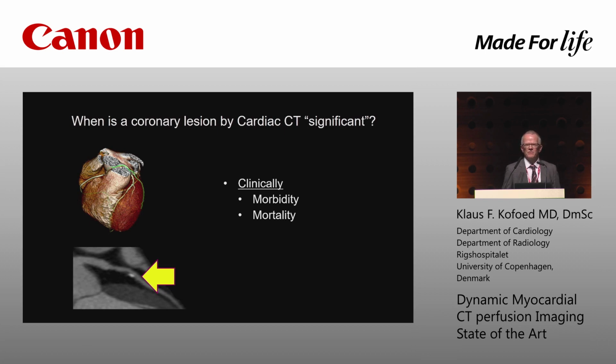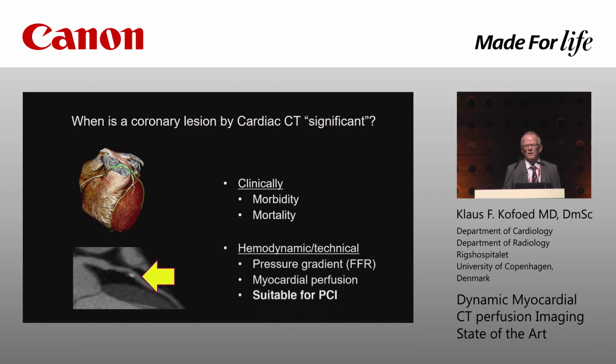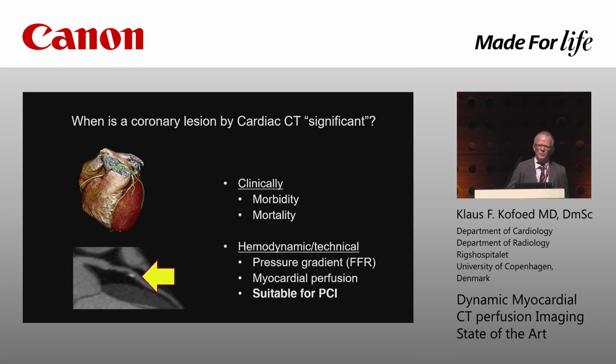And of course, we have different approaches to look at this. The pressure gradient, that's an invasive measure, or it can possibly be done non-invasively by CT-FFR. We could look at whether there is ischemia on a myocardial perfusion.